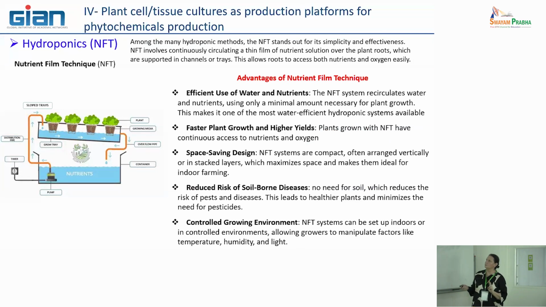The first one I told you about is the NFT, which is perhaps one of the simplest and most effective systems, a very useful method. Now there are a lot of companies that have adopted this type of protocol, and there are a lot of advantages. I like this presentation more than the first one I showed you, because you can see plants in this synthetic soil.